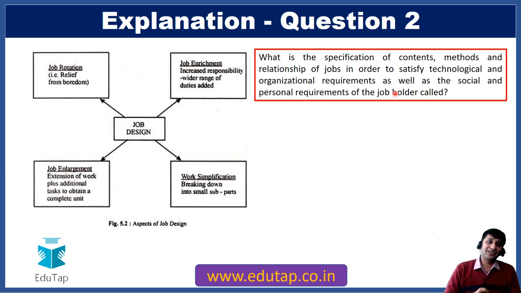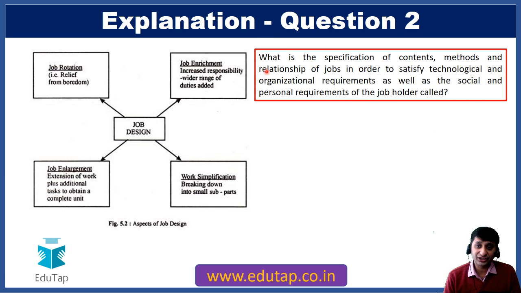Right, so job analysis is basically about to know what type of activity is being performed, what are the skills required to do those activities. Job design is about how that job would be performed, the sequence of steps, the technology that is required to do that job.